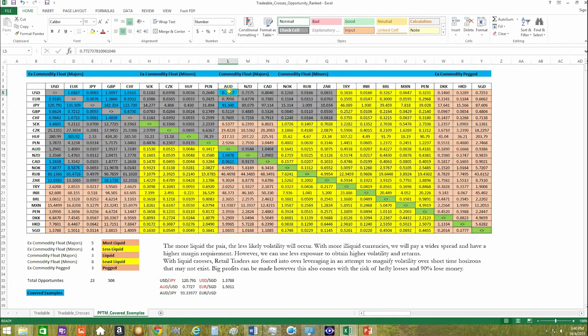We multiplied them together to get the Aussie dollar yen rate because the currency that remained became the numerator and the denominator, and that's a multiplication situation. That gave us the Aussie dollar yen rate. And if we check on the Aussie dollar yen rate, so we look at the Aussie dollar at the top here, and we scroll down to Aussie dollar yen, we'll see that we're actually correct.